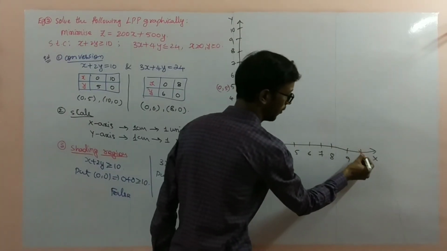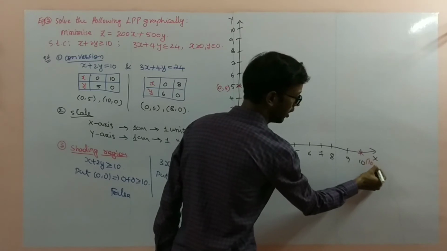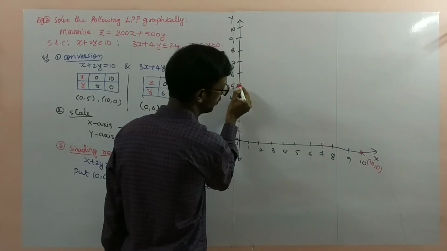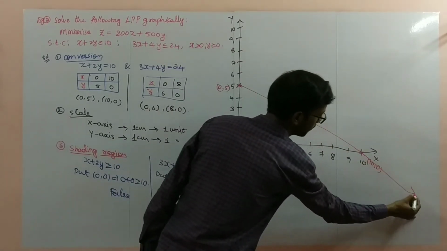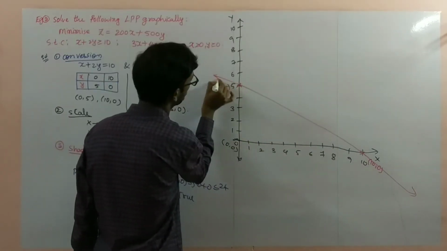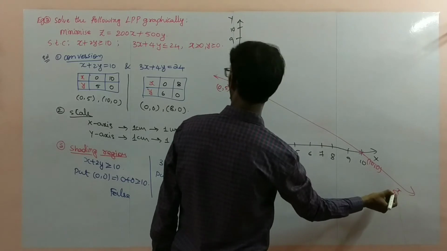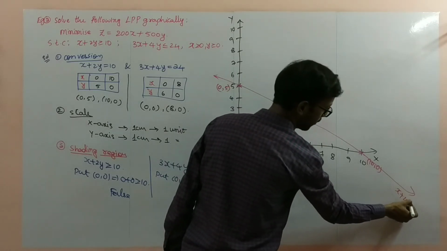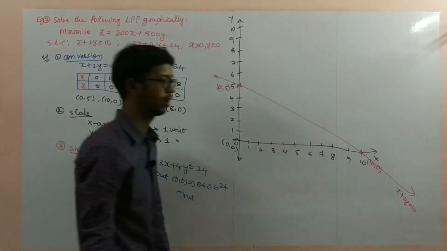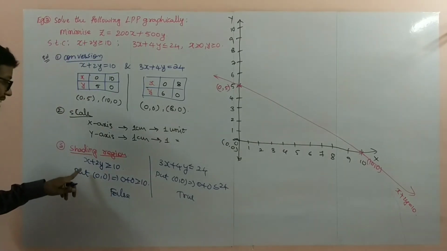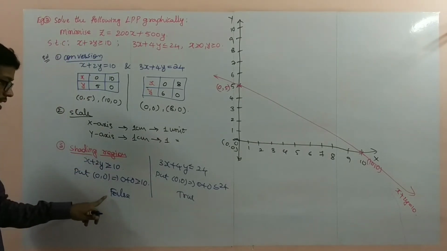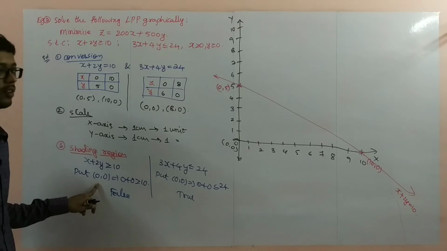That point is 10 comma 0. Now you join the two points. So this line equation is x plus 2y equal to 10.